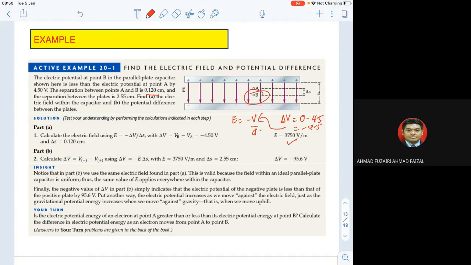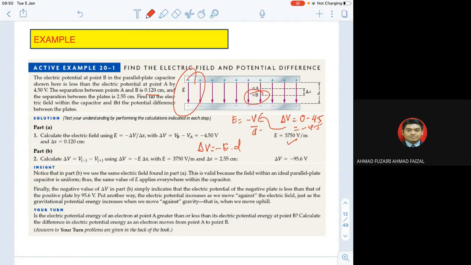And on part B, the potential difference between the plates. They want to know the full potential for this part. How can we do that? We already have E, so delta V is negative E times D. E is 3750.